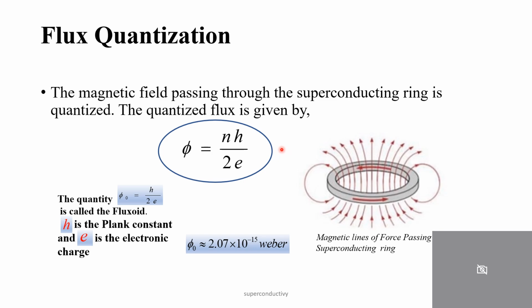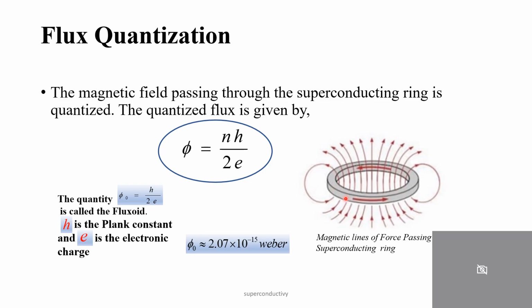1, 2, 3, 4, and h by 2e is a constant which is called the fluxoid, whose value is given by 2.07 into 10 to the minus 15 Weber in CGS unit. h is the Planck constant and e is the charge of an electron. So what is flux quantization?